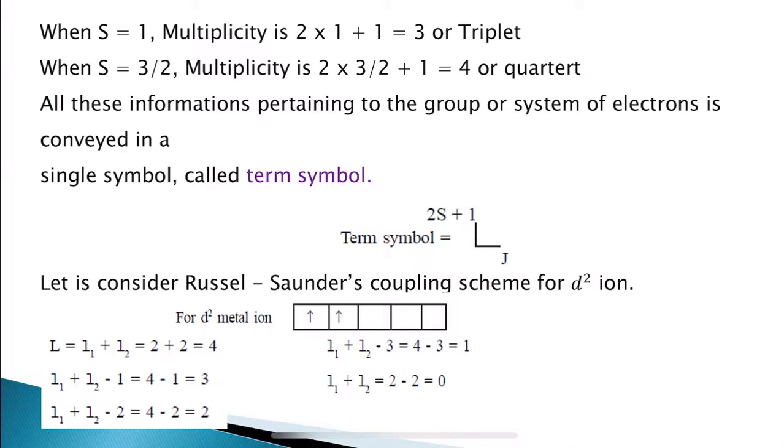Now let us calculate the orbital angular momentum. Here the orbital angular momentum L is calculated by the vectorial combination of the different orbital angular momenta. If I calculate it, L is equal to L1 plus L2, and since l is equal to 2, substituting the value, L1 plus L2 is 2 plus 2, which is equal to 4.